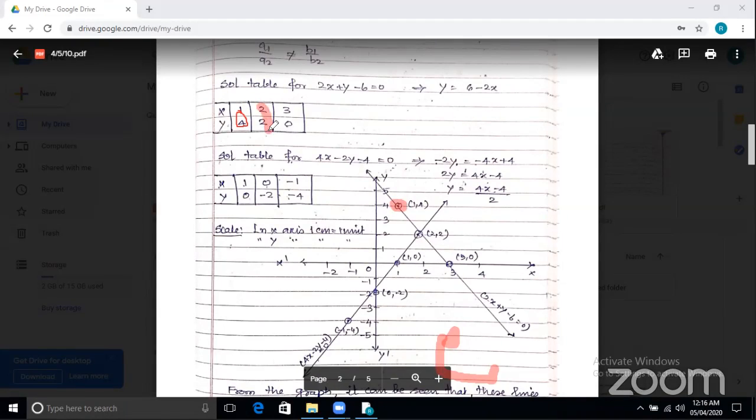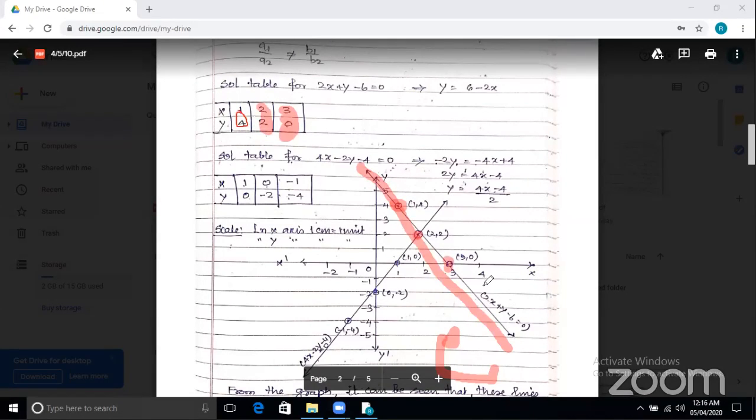Then 2, 2. It will be 2, 2 here. Yes, sir. Then 3, 0. Any doubt? Now join these points.